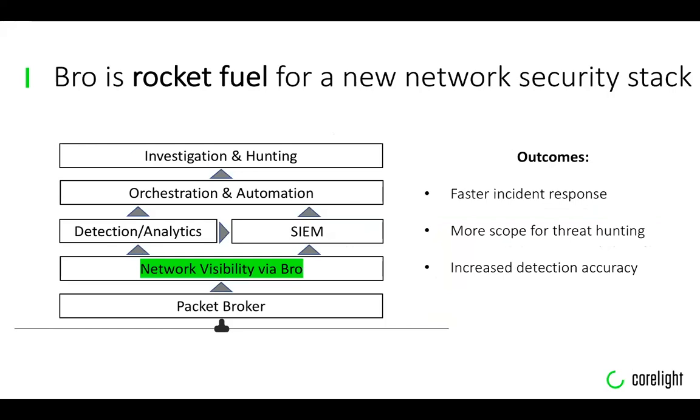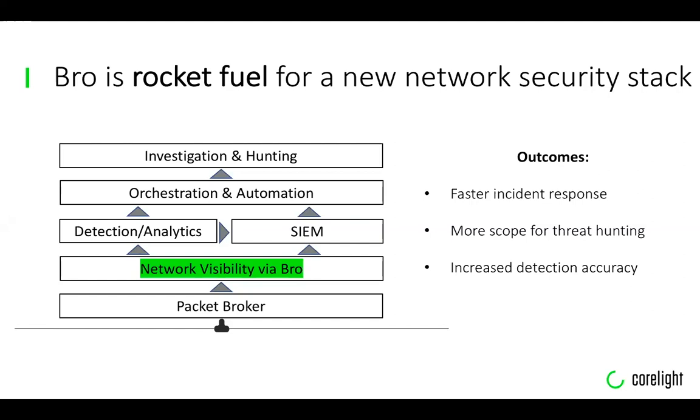And we also see some leading organizations starting to build Bro into a network security stack that looks pretty different from a lot of other companies out there. And we think this is probably the future of where this is headed, which is that Bro is really the foundational layer of network visibility that transforms the raw traffic into human readable, but also machine readable data that gets pumped up into the other systems that layer on top, such as a SIEM, security analytics platform, orchestration and automation platforms, and ultimately investigation and hunting by your threat hunters.